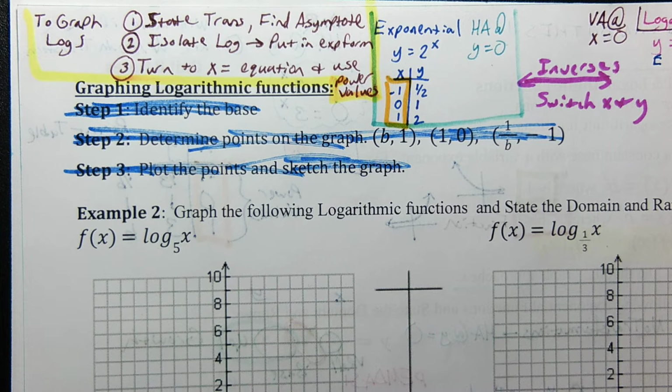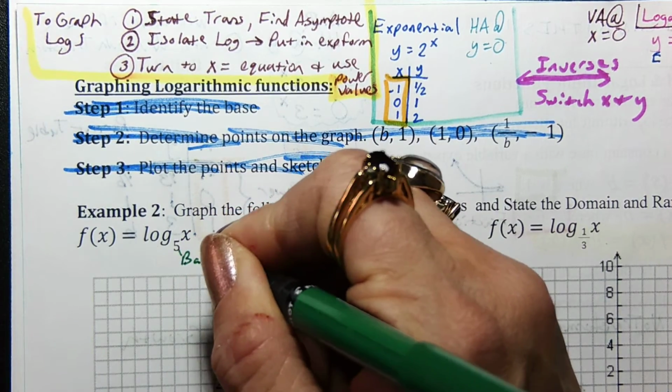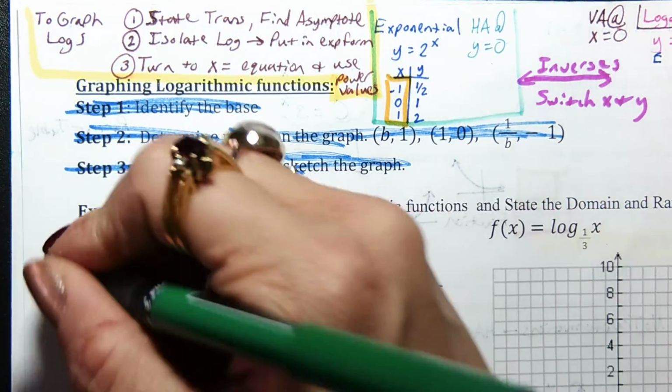Step 1, stating any transformations. What's the log doing? The log is what makes it a logarithmic function. What's the 5 doing? The 5 is actually doing the same thing that it did for exponentials. It is just the base. So there are no transformations.